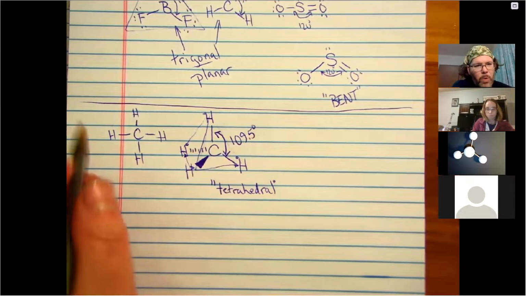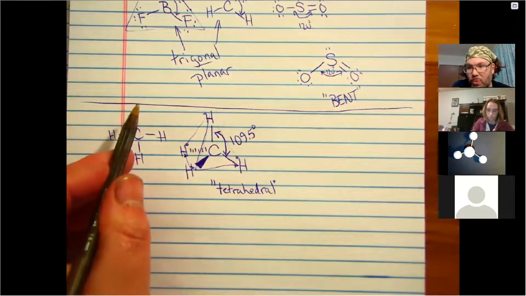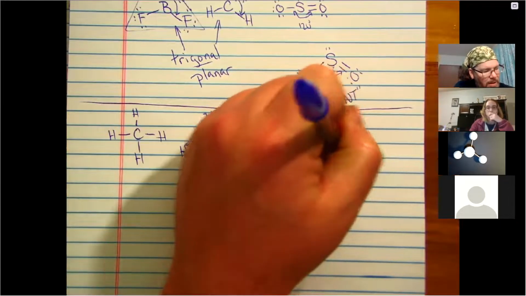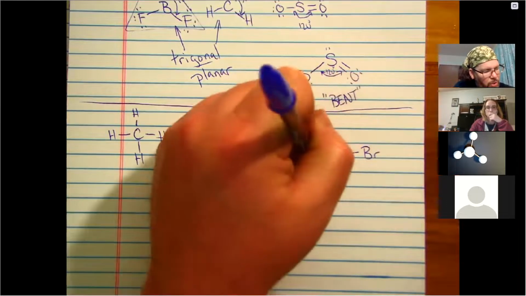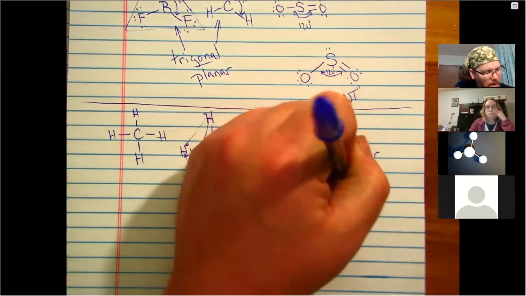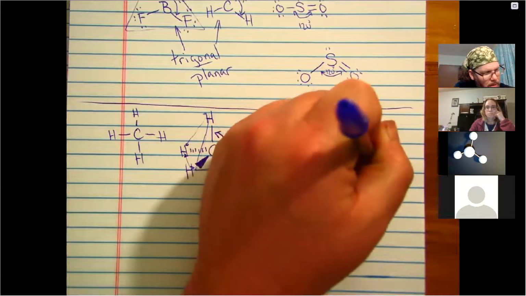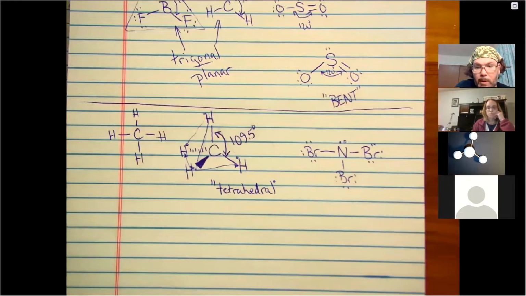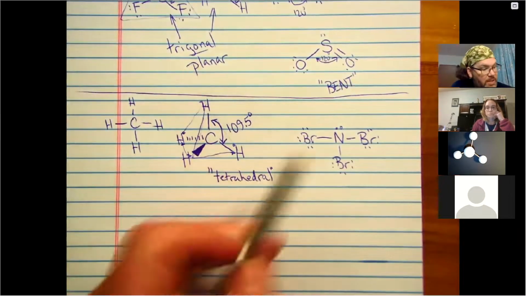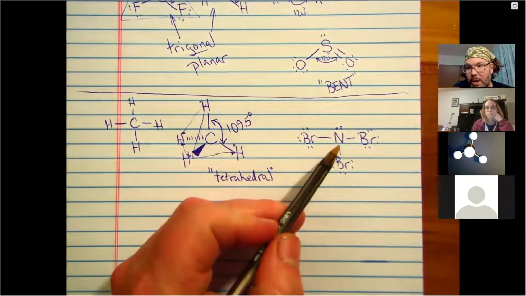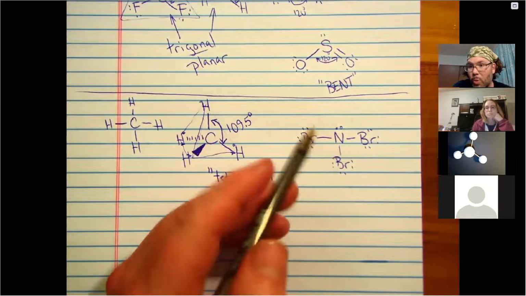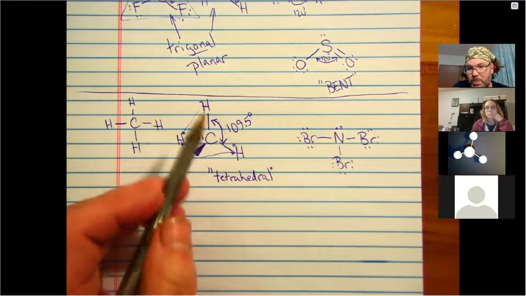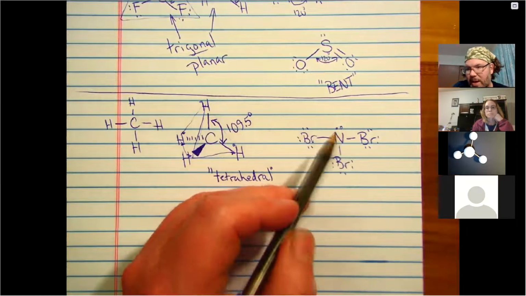What if we take one of our bonds away and replace it with an unshared pair of electrons? Well, that's exactly what we did when we drew the Lewis structure for NBr3. So we know that there are still 4 electron groups around that nitrogen in NBr3, which means that our shape is going to look a lot like this, except one of those 4 electron groups is going to be replaced by just a lone pair stuck to that nitrogen.